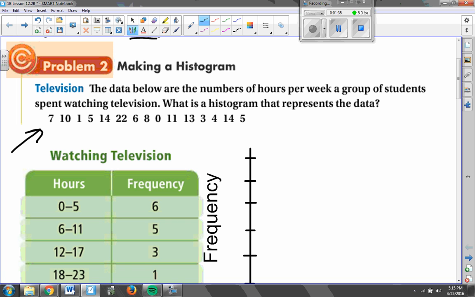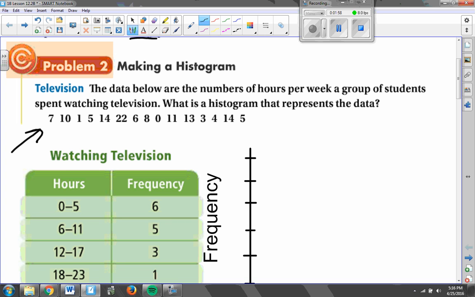The first thing that we do then is to create a frequency table, just like we did in our last video. So we set our intervals, and in this case we decided to count up by fives, well really by sixes I guess. We take 0 to 5, 6 to 11, 12 to 17, 18 to 23 as our intervals.